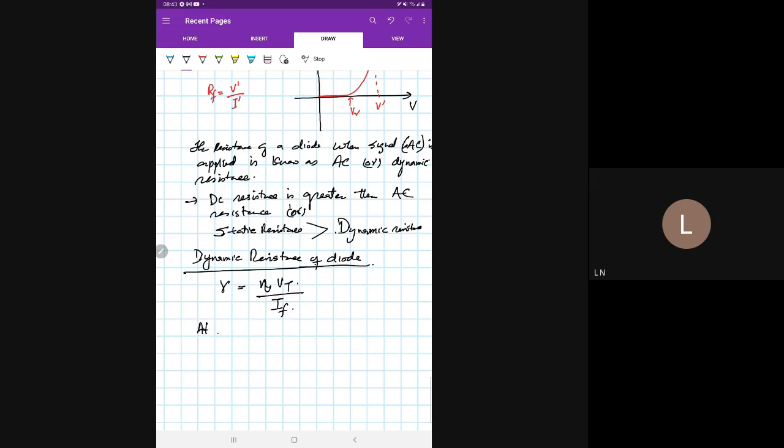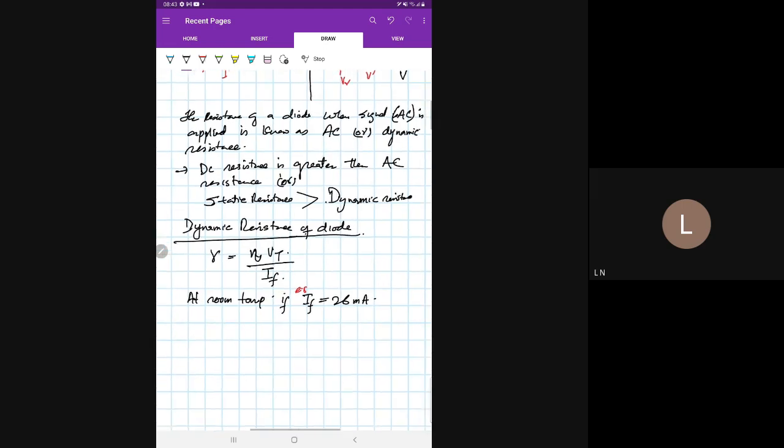Now see, at room temperature, suppose I_F is equal to 26 milliamperes.